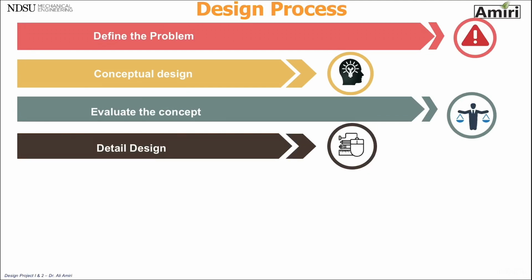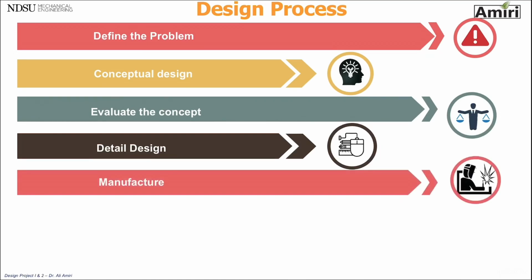Steps 3 and 4 are kind of parallel, and they go back and forth. By evaluating your concept and tweaking your concept, you build up your design and you get more detail figured out about your design. Starting next semester, you are going to start manufacturing your design and your concept.